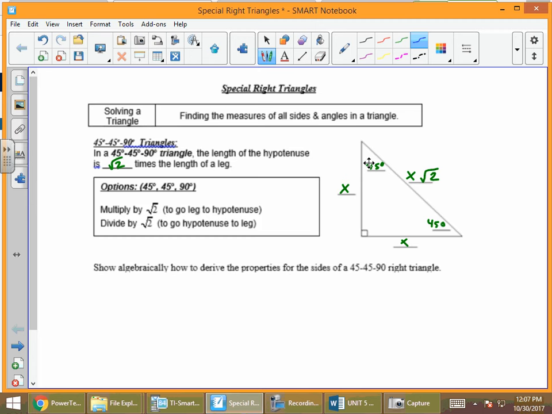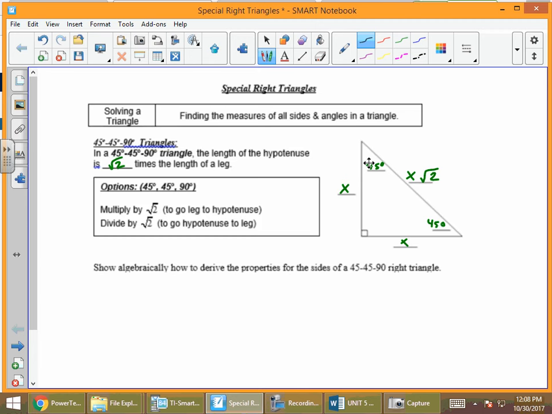So instead of multiplying by radical 2, you divide by radical 2. You'll see an example here in a second. So if we're going from small to big, how do you make something bigger? Do you multiply or do you divide? Multiply. So if you're going from small to big, multiply by radical 2. If we're going from big to small, how do you make something smaller? Divide. So we're dividing by radical 2.